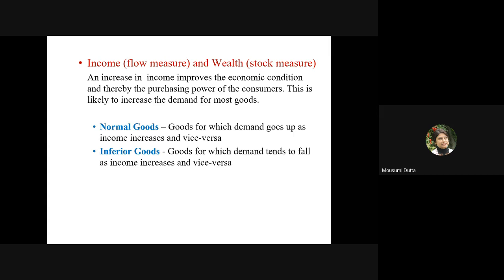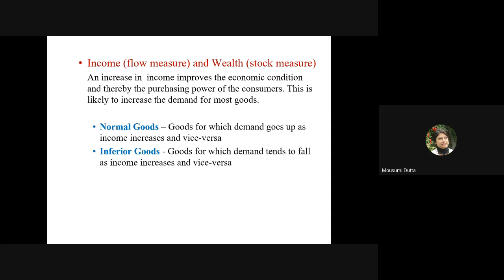So other things remaining constant, that is, prices of all commodities remaining constant, if there is an increase in income, that improves the economic condition as well as the purchasing power of the consumers. This is likely to increase the demand for goods. So as income and wealth increase, it is likely that there will be an increase in demand for goods.